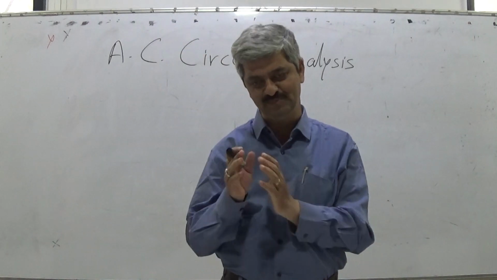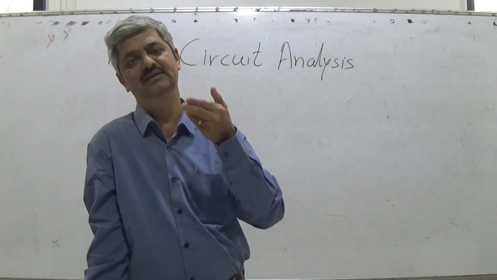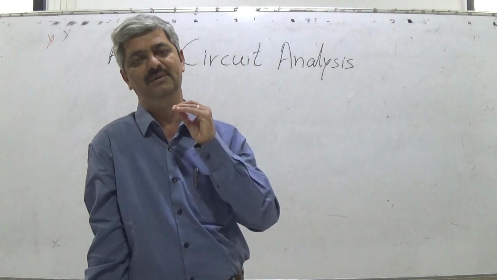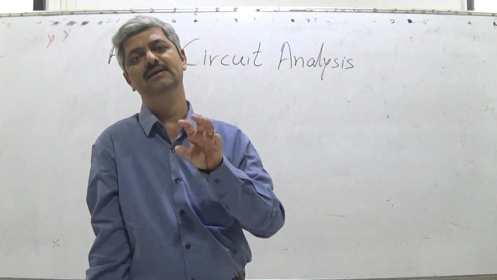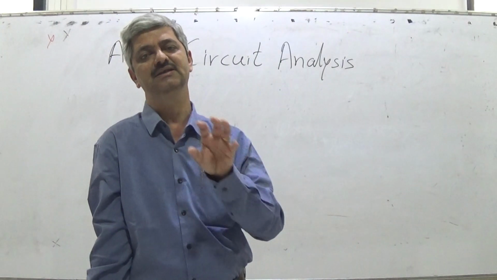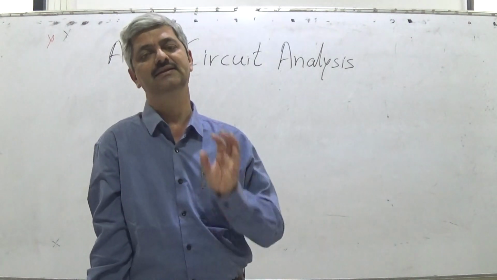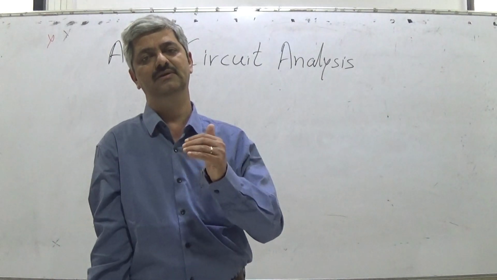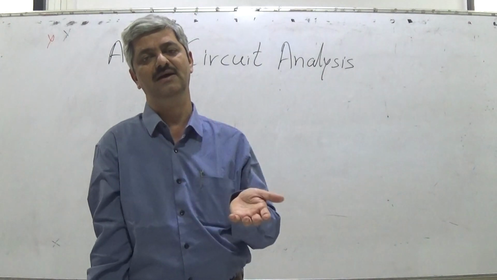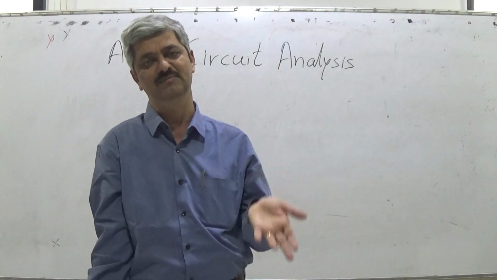So when we apply sinusoid for AC for resistor, the input is of the type A sine omega t plus phi. In that case, for resistor, if voltage is A sine omega t plus phi, for resistor current is A upon R sine omega t plus phi.